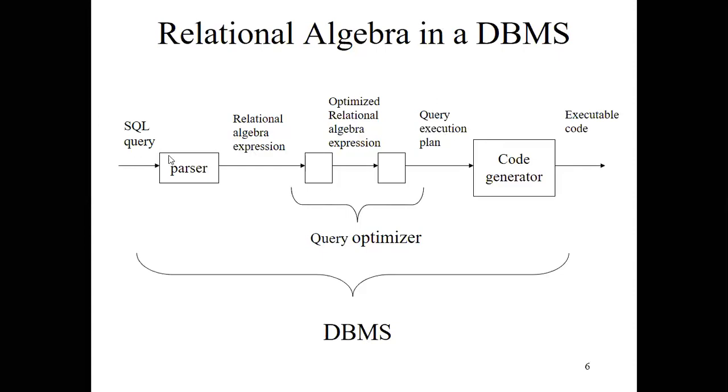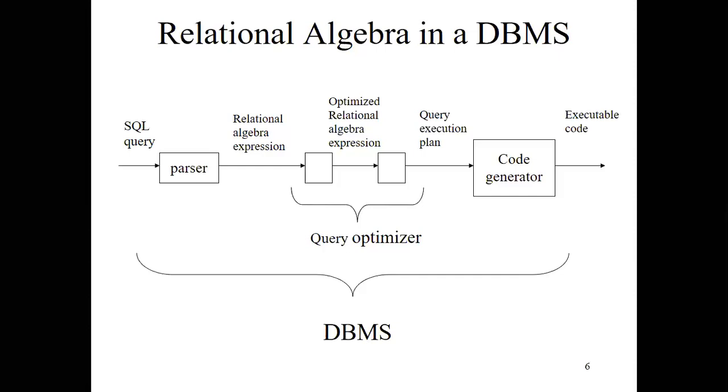So we give the SQL query as input to the parser. The parser can be a compiler or interpreter. The parser converts the provided SQL query into a relational algebra expression. That means it divides the SQL query into subparts and converts them into a relational algebra expression. As I told, relational algebra consists of operators and manipulators.